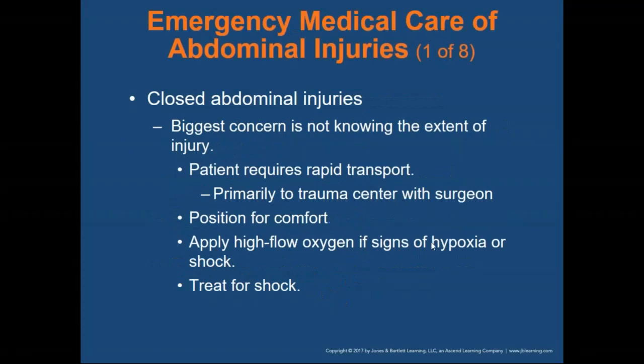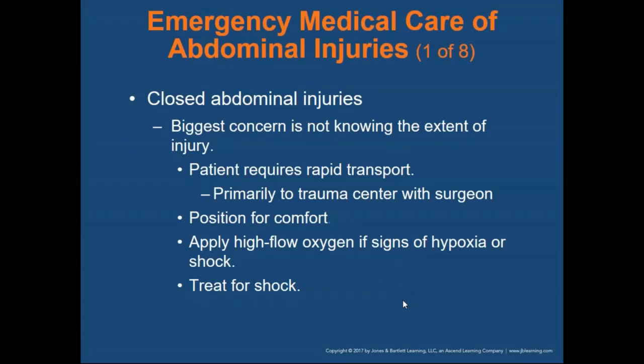Patients require rapid transport to a trauma center for surgery, right? We've established that. Transport them in the position of comfort, which will often be on their side. If you don't suspect a spinal injury, they're probably going to be on their left side, facing you, and they'll pull their knees up because that's the most comfortable. We're treating them for shock, just like we said over and over.